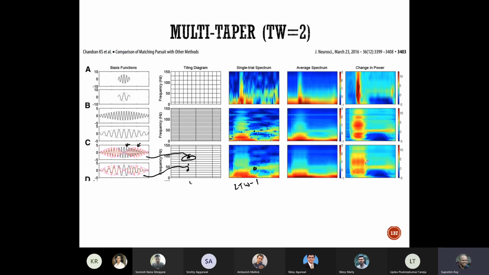If you only had 5 or 10 trials, you would actually be able to see the gamma rhythm here, which would barely be visible in this if you only had 2 or 3 trials. So your gain in reliability is substantial if you only have a few trials. If you have a ton of trials, then multi-taper is not of much use.